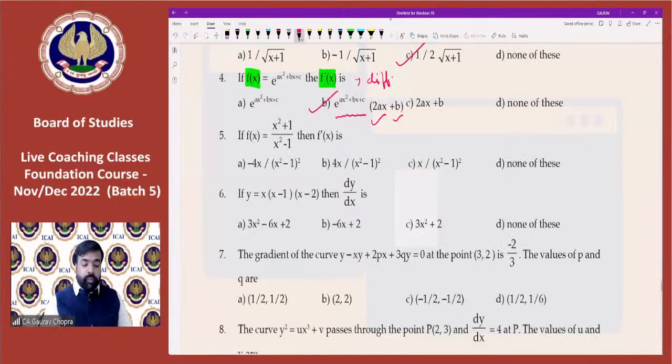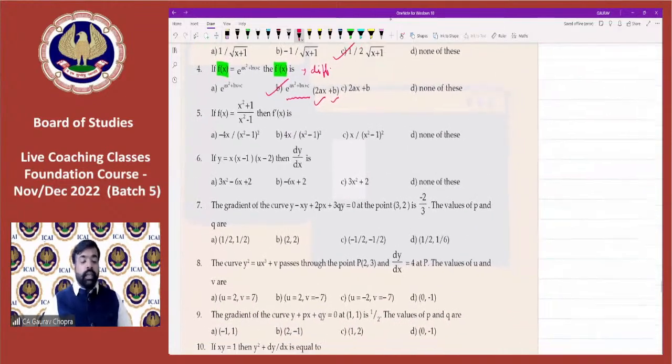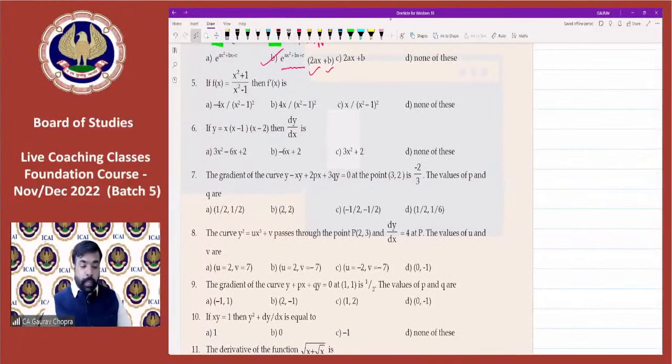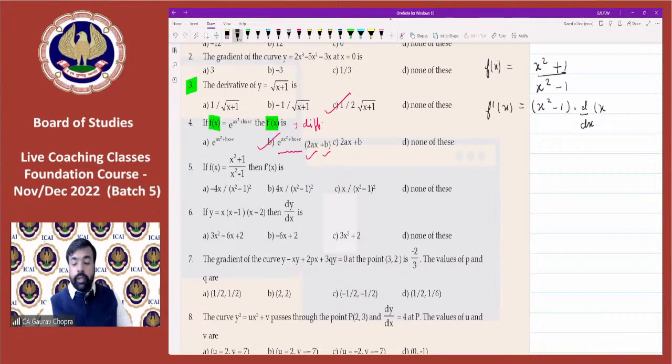Now let us try the fifth one. There are two values, one in numerator, other in denominator. We have to find its derivative. So y is equal to, or we can say fx is equal to x square plus 1 divided by x square minus 1. So for f dash x, denominator will remain as it is first, and then we have to find out the differentiation of numerator.